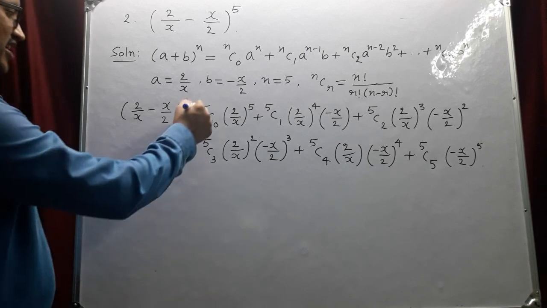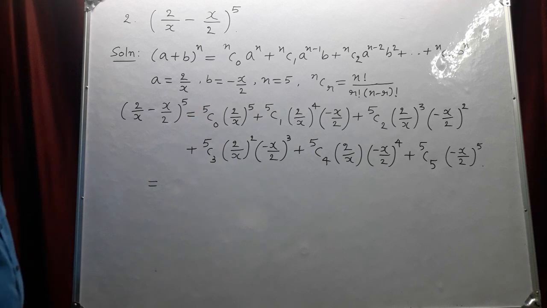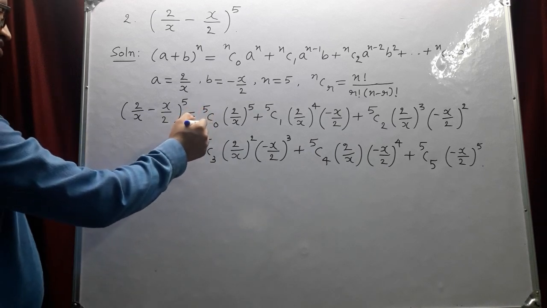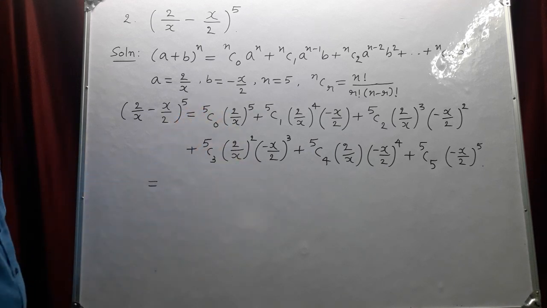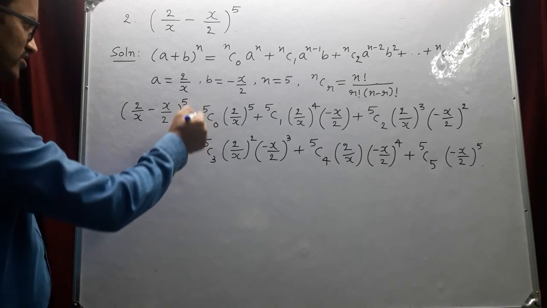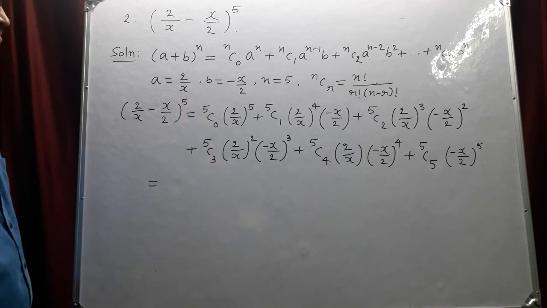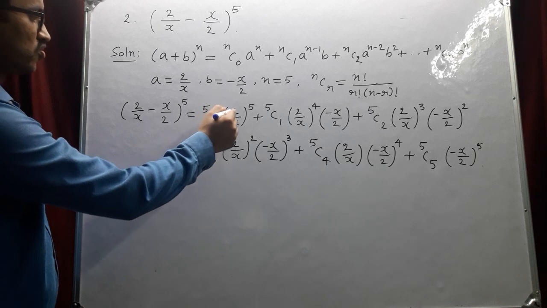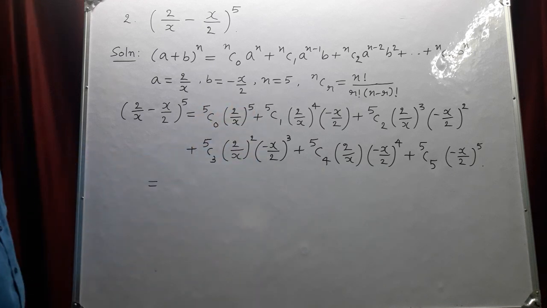the value of 5c0 means 5 factorial by 0 factorial into 5 minus 0 factorial. So this value becomes 1 into 2 by x whole power 5.